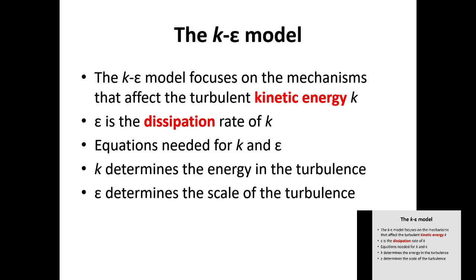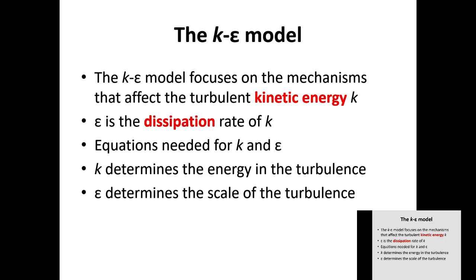So K determines the energy. That means if your velocities are high, your energy is high, obviously, because K determines the turbulent kinetic energy, so that is the turbulent part only. And epsilon determines the dissipation rate.